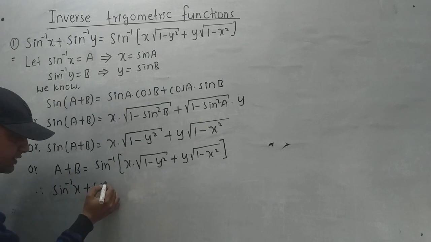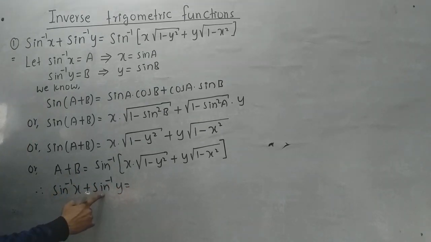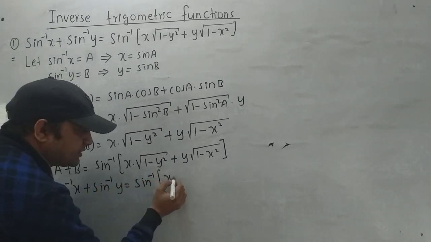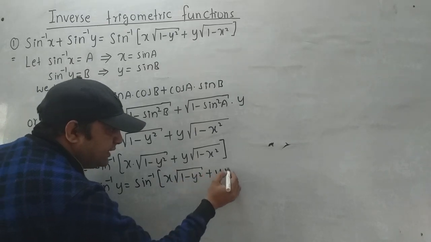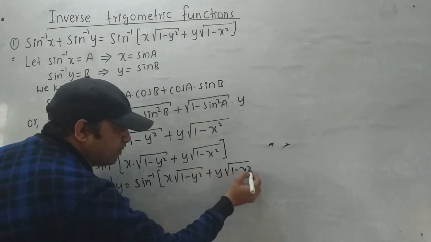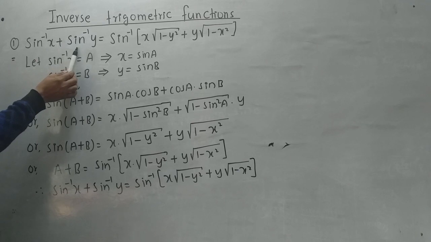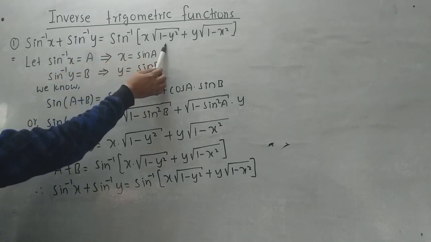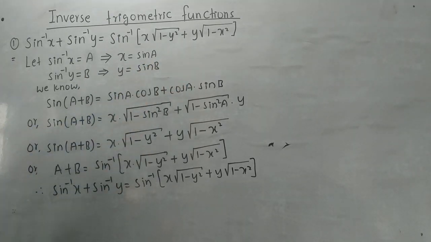So sine inverse x plus sine inverse y will be sine inverse of x times under root of 1 minus y square plus y times under root of 1 minus x square. Remember this formula.